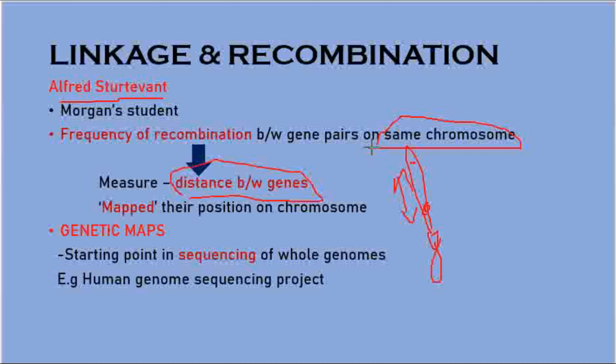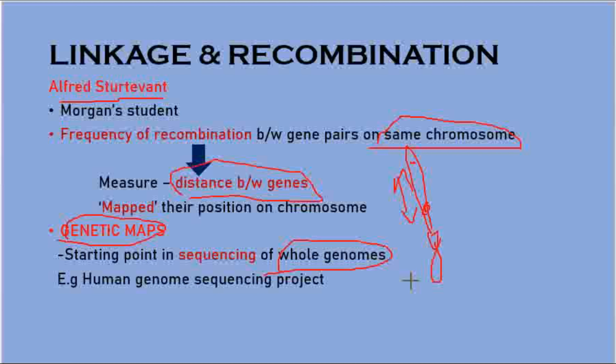So this distance information gives the position of the genes in the chromosome, where the genes are exactly located. So the position of the genes can be mapped by this data. So this led to the development of genetic maps. So what are genetic maps? It's like the normal map that you see. This genetic map is the starting point in sequencing of whole genomes.